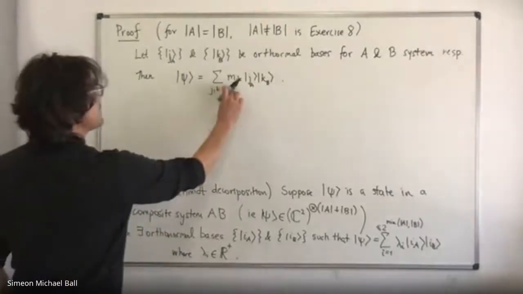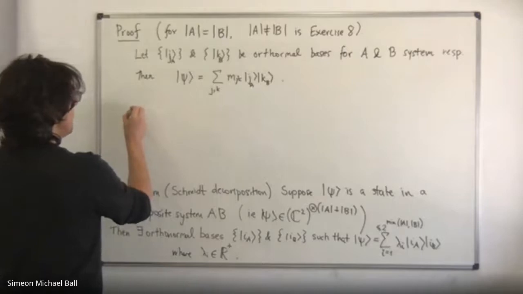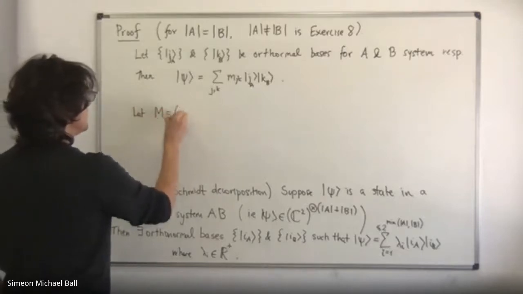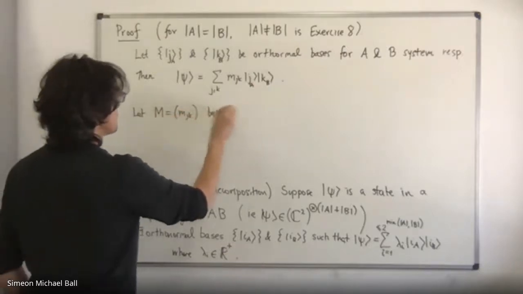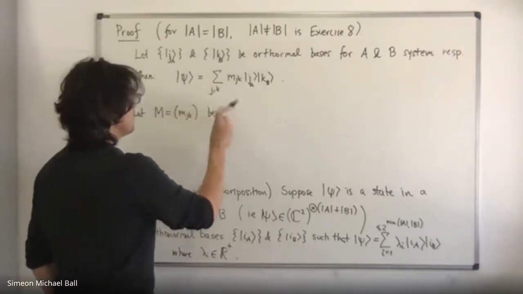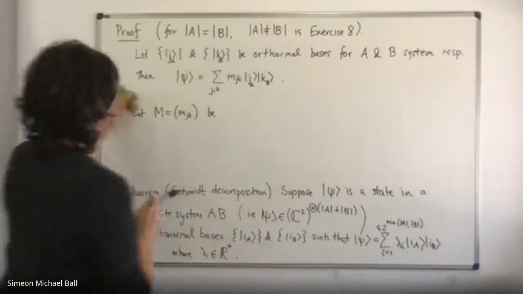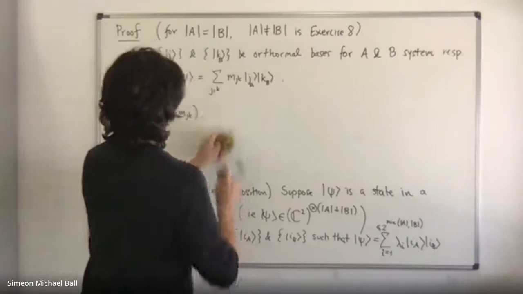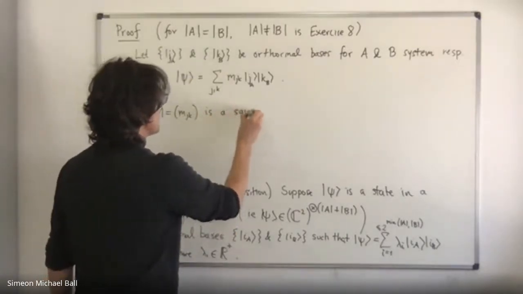So this here, you see, now we've got a matrix. So we can let M be a matrix. Well, this M is a matrix, a square matrix.